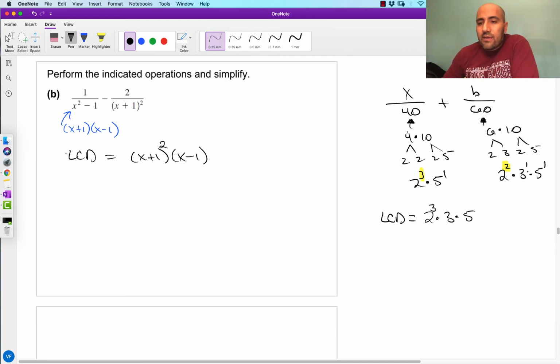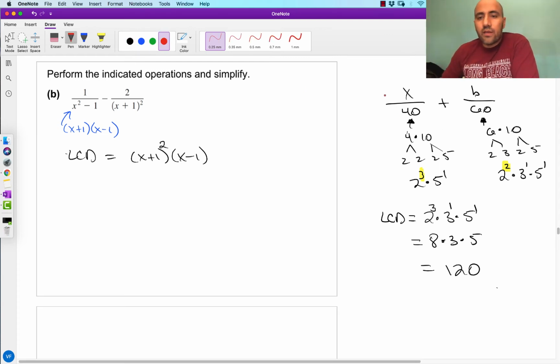And for the 3, it only appeared once, and it had a 1, so we put a 1 there. And for the 5, it only appeared once, and it had a 1, so we put a 1 there. So this is 8 times 3 times 5, that's going to be 24 times 5, which is equal to 120. 120 is the least common multiple.